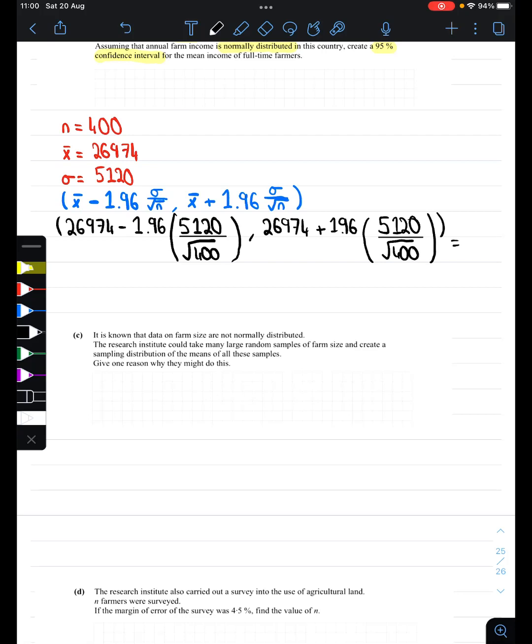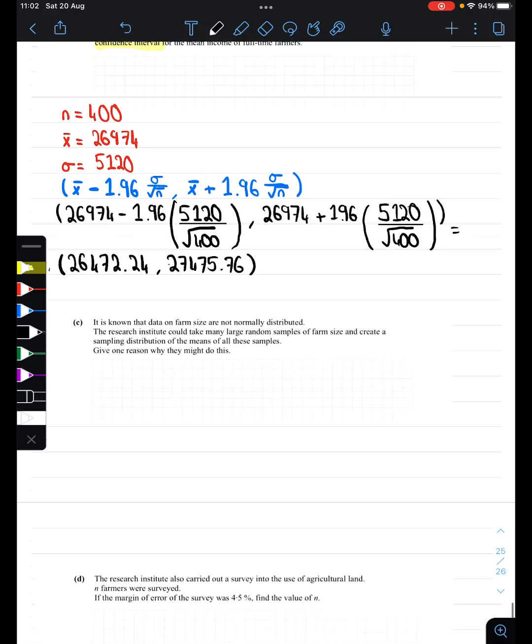And now if we just plug this into our calculator, we'll get 26,472.24 as our lower limit, and 27,475.76 as our upper limit.